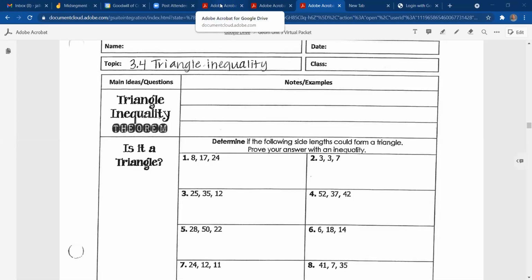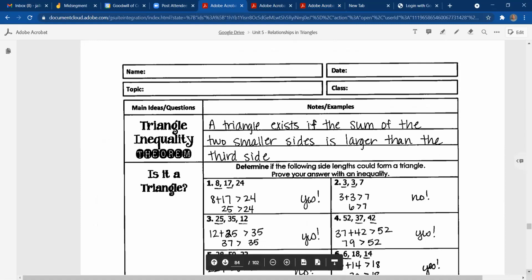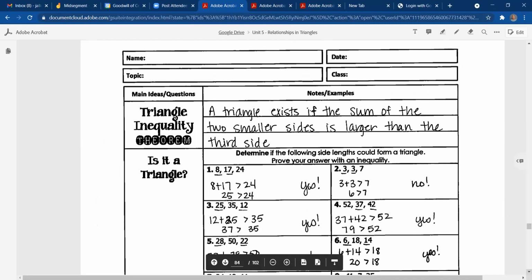That might not make sense at first, but if you've ever tried to build anything involving triangles, you've got to make sure that your lengths are correct. Otherwise, you end up with a shape that doesn't close. It's starting to look like a triangle, but it won't connect at all three corners. So this theorem is a way to mathematically determine if you can actually create a triangle based on the lengths of the sides.